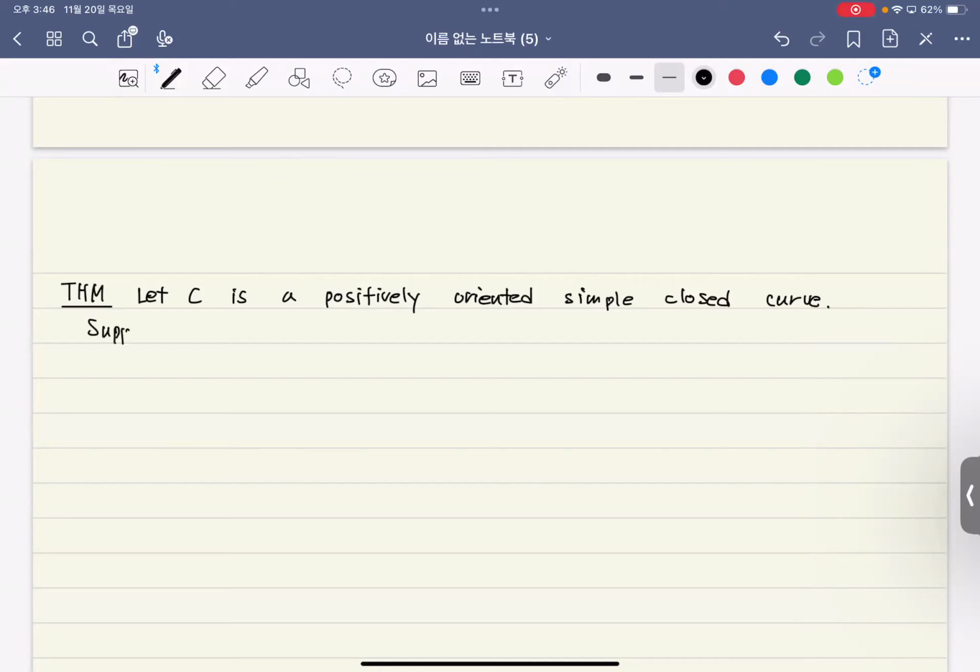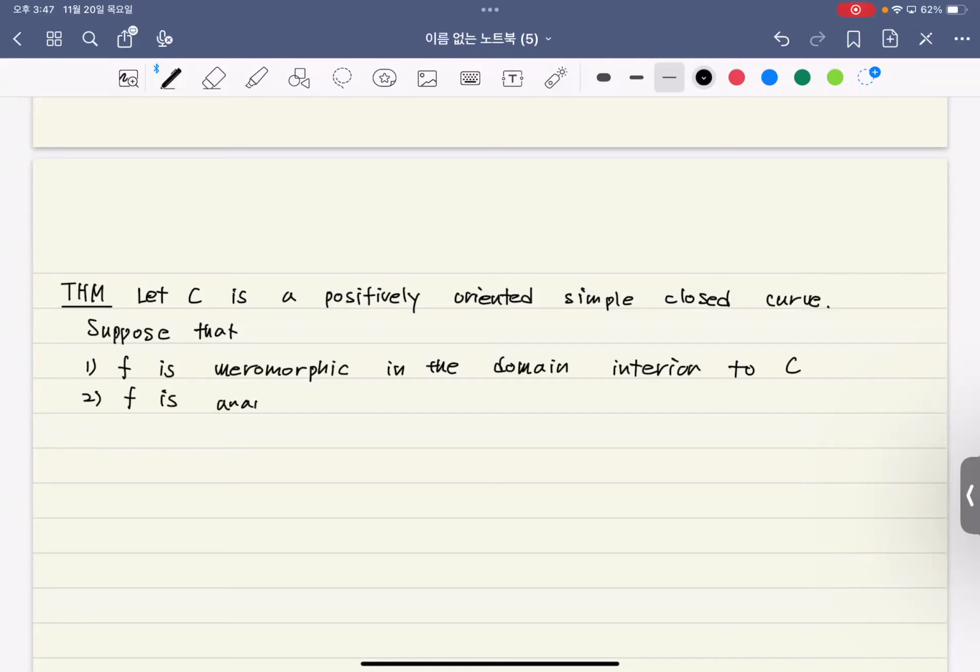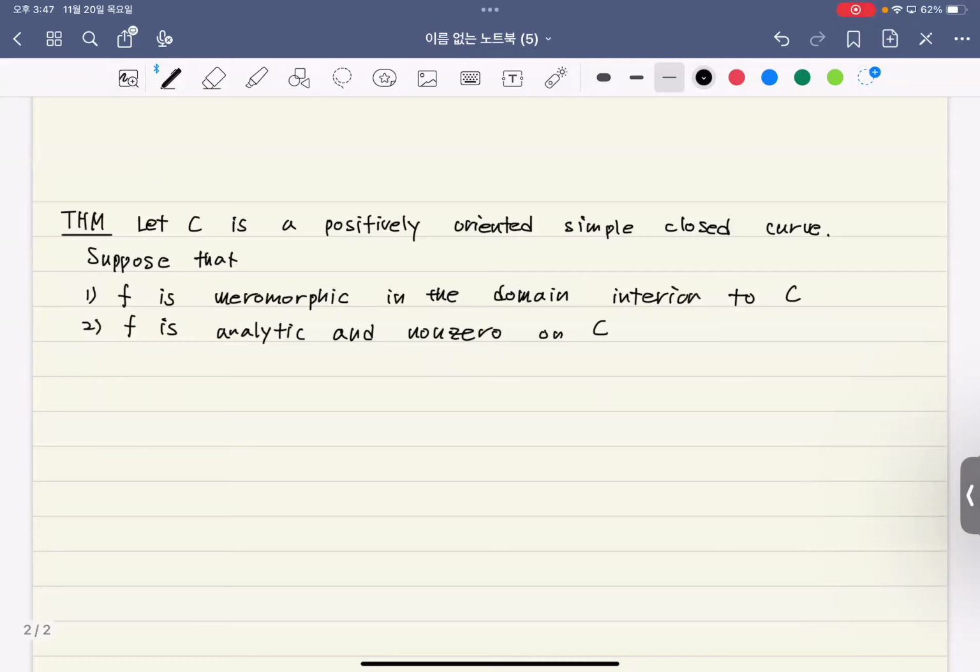And we suppose that number 1, f is meromorphic in the domain interior to C, and number 2, f is analytic and non-zero on the curve C. The last condition requires a little bit of explanation.